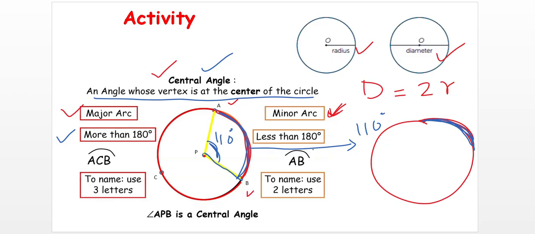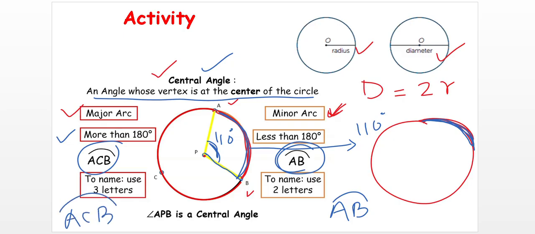Okay, now why is this arc written like this, arc AB, and why is this one written as ACB with this symbol? When your arc is a major arc, now what is a major arc? This is the major arc because it is more than 180 degrees, right? If you say 180 degrees, it will be half of the circle, a semicircle.